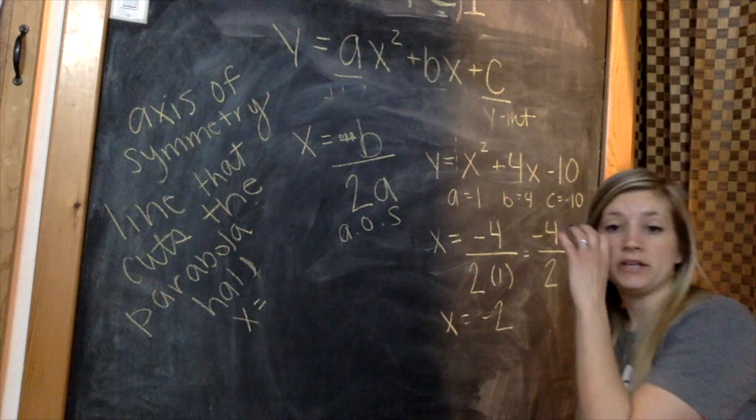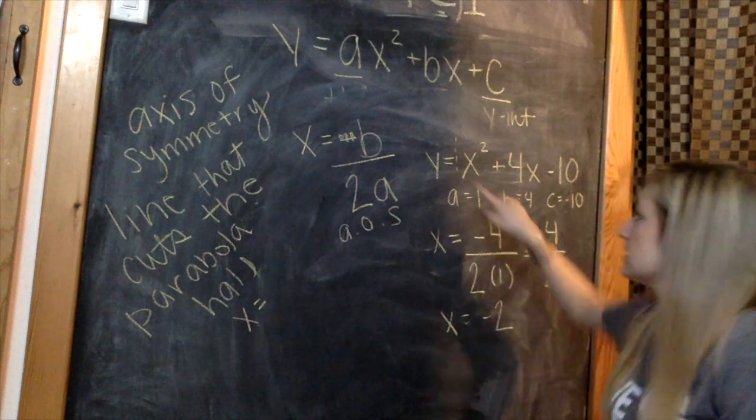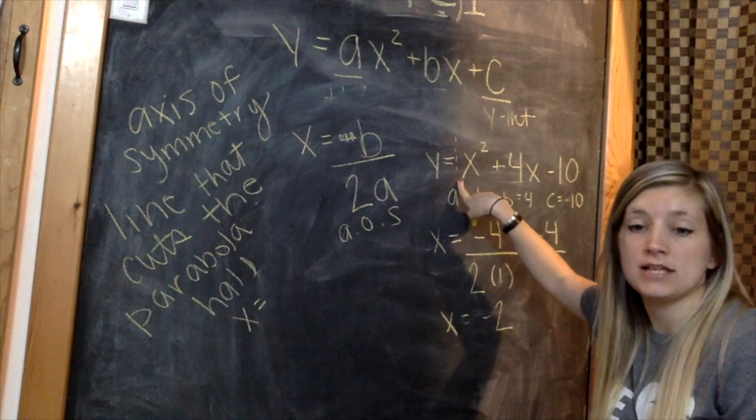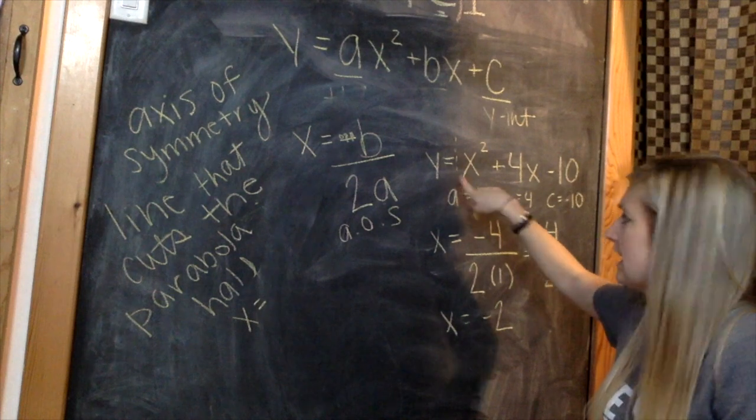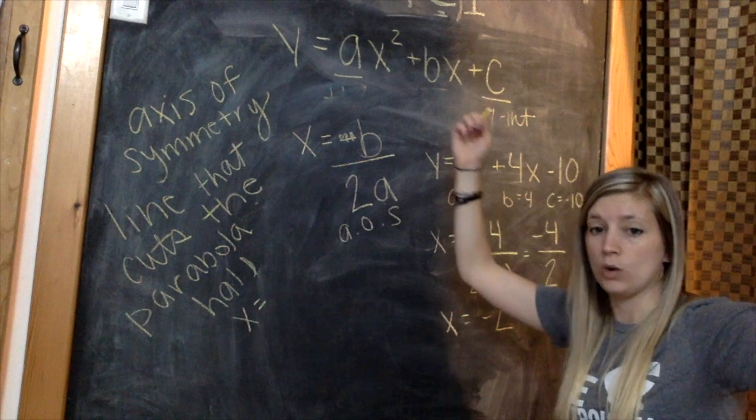Okay, so right now we do not have a picture, but we should have a pretty good sketch in our head about what this is going to look like. Our a is positive, so it's concave up. And we're looking at the basic parent function. It's not skinnier, it's not wider than that. It's just your perfect one curve.